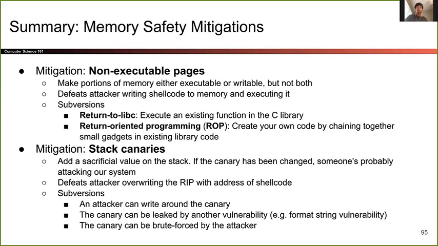And we can subvert this by using existing code, either in a return to libc attack or in a ROP chain attack. We talked about stack canaries, which place a value on the stack, and if the stack value changes, then we know that something probably overwrote the RIP and the program will automatically crash. But the attacker can get around this by overwriting the canary, by leaking the value of the canary, or by just brute forcing it.